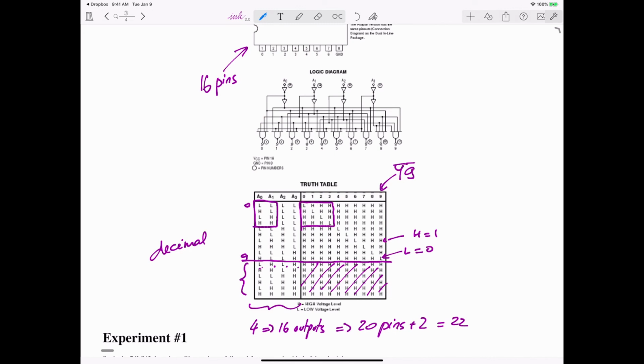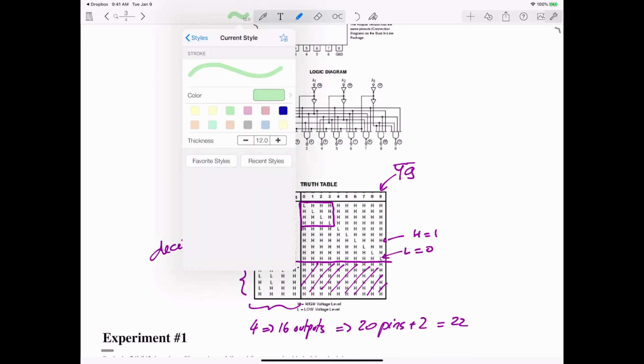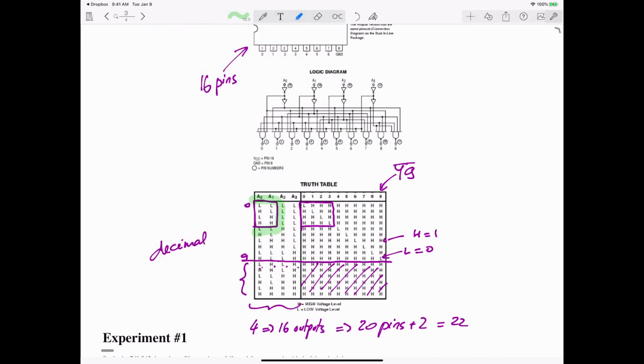I'm going to use some green here. This looks like the truth table of a 2 to 4 decoder. I know this is going to work as a 2 to 4 decoder if A2 and A3 are 0.